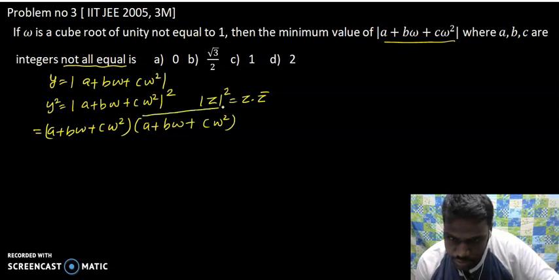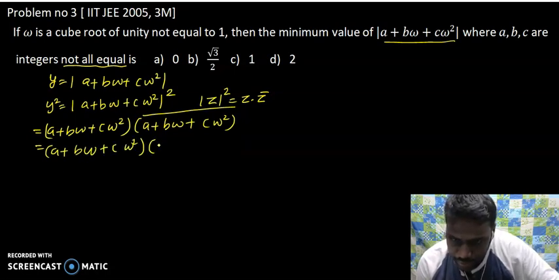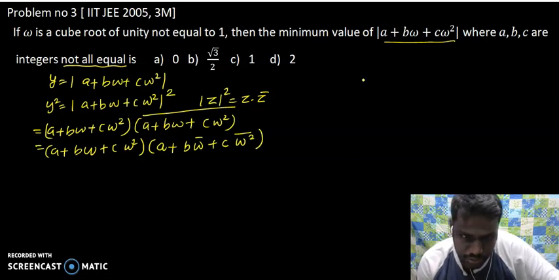The conjugate of a is a, since a is an integer, and b conjugate is also b, so this becomes b omega conjugate plus c omega squared conjugate. Now, what is omega conjugate?